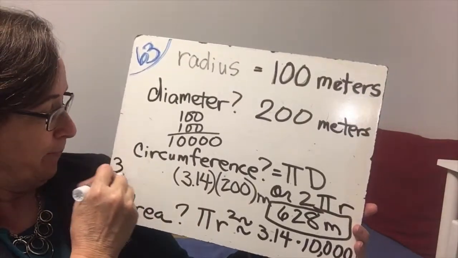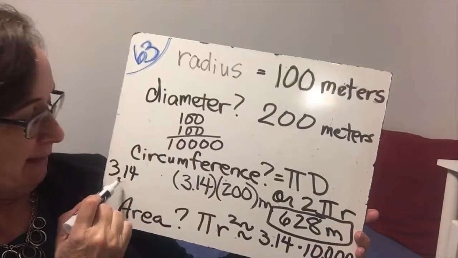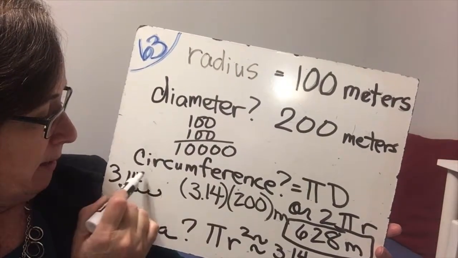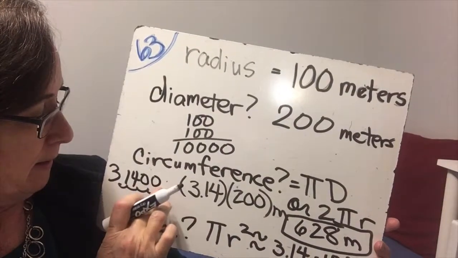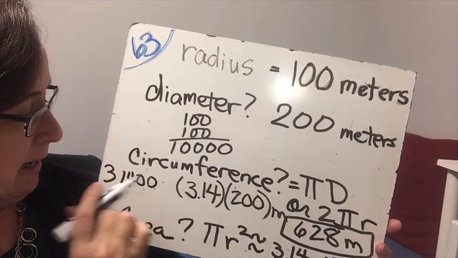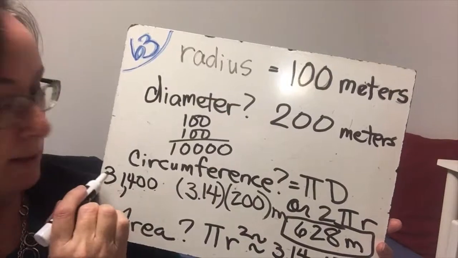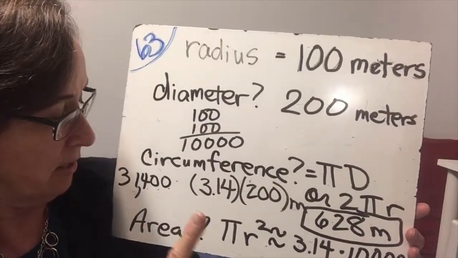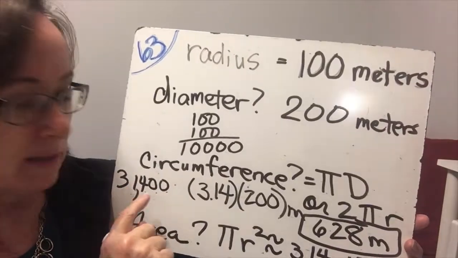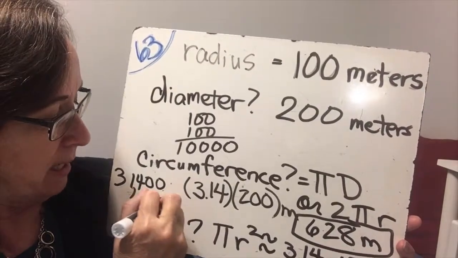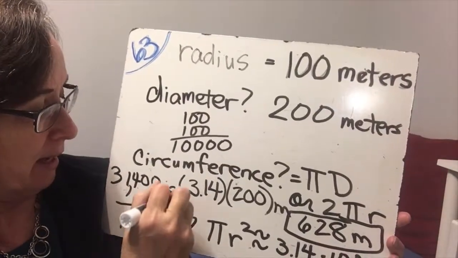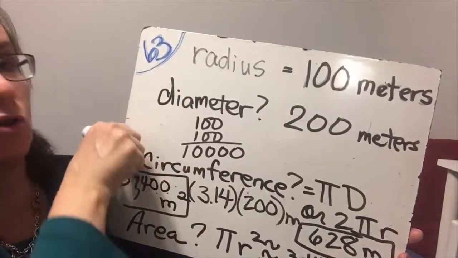But if I take that decimal place and I move it 1, 2, 3, 4, then I have 31,400. And that is area. So that is 31,400 meters squared. Because area is always square units.